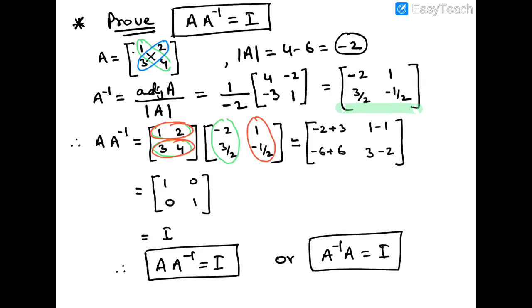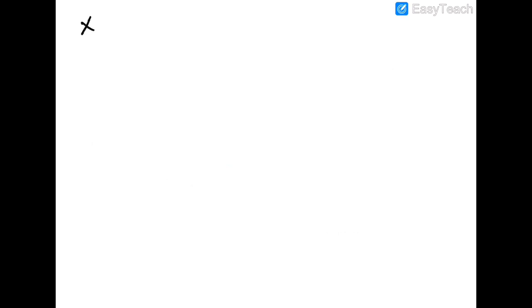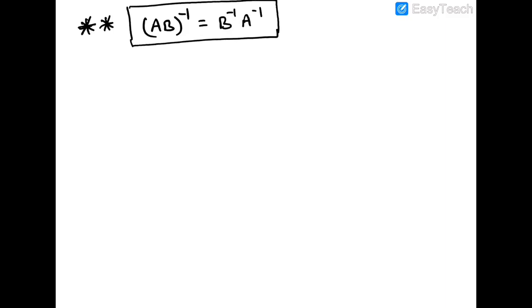Now let's prove AB inverse is equal to B inverse A inverse. Please note that it's not A inverse times B inverse. It is B inverse times A inverse.